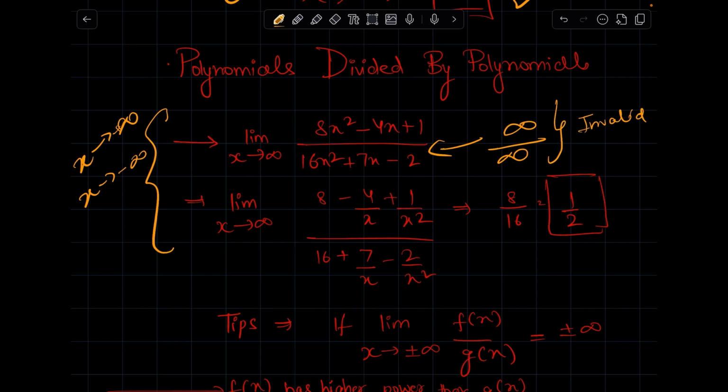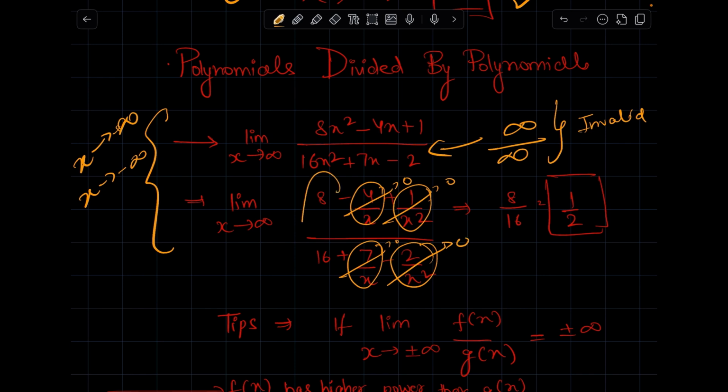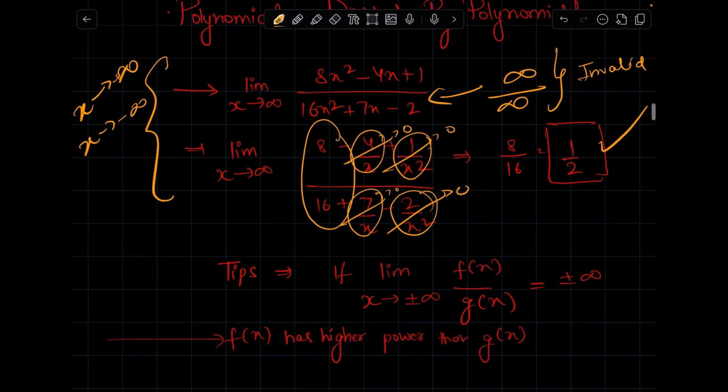So we'll divide both by x squared, and we'll get 8 minus 4 upon x plus 1 upon x squared, over 16 plus 7 by x minus 2 upon x squared. Now when we input x equal to infinity, 4 by x will become 0, 1 by x squared will become 0, 7 by x will become 0, and 2 by x squared will become 0. Therefore the remaining part would become 8 by 16, which is equal to 1 by 2.